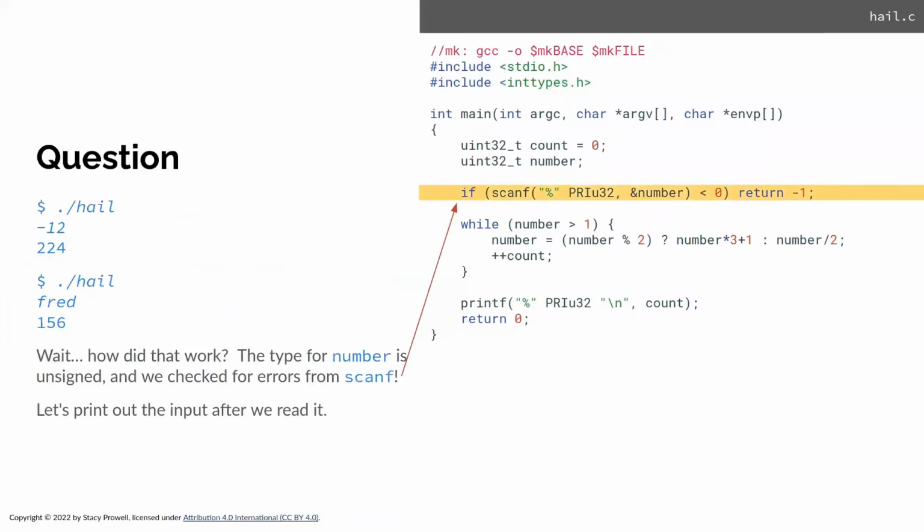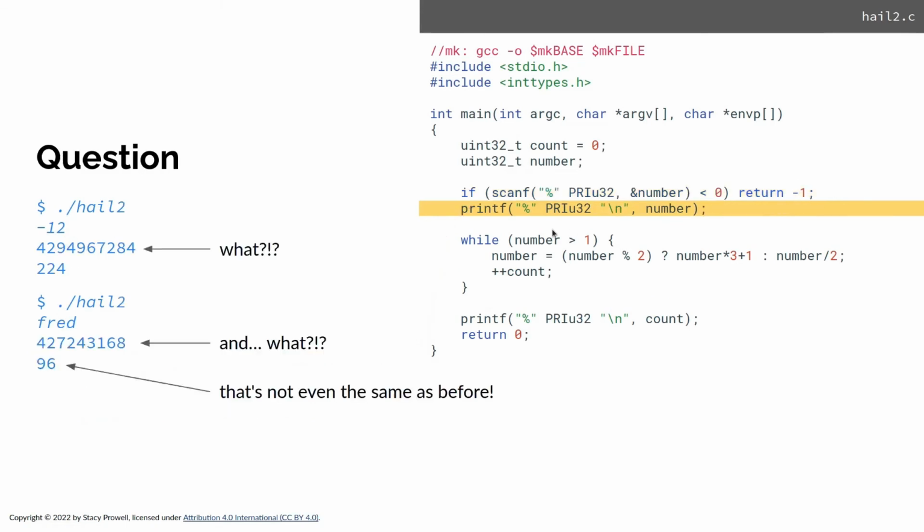So up here, they try it for a couple different values, and they get some answers similar to what we got. And the question is, why isn't this catching the problem right here and stopping it? So one thing we can do is modify the program and see what is actually being read.